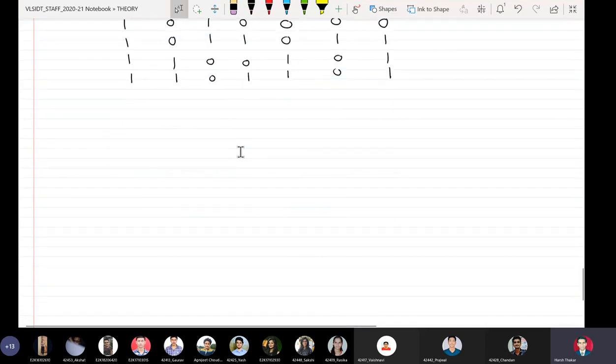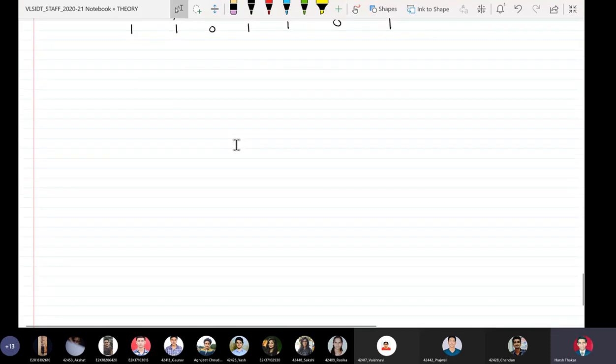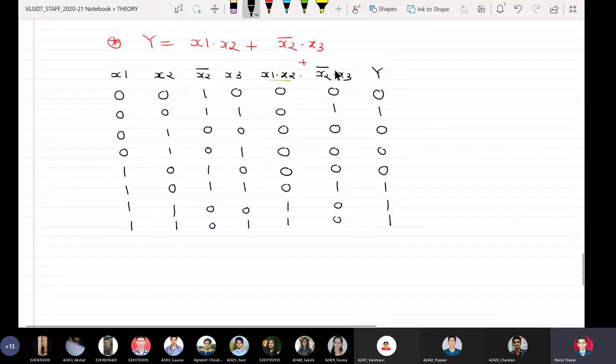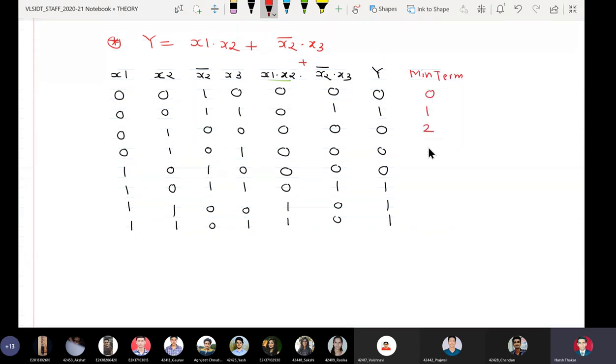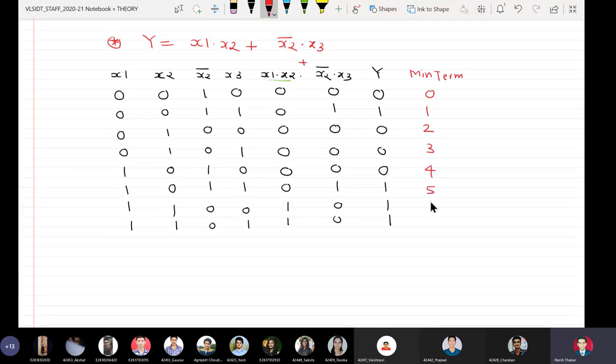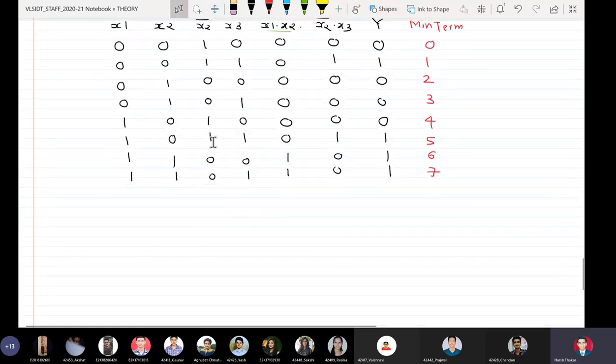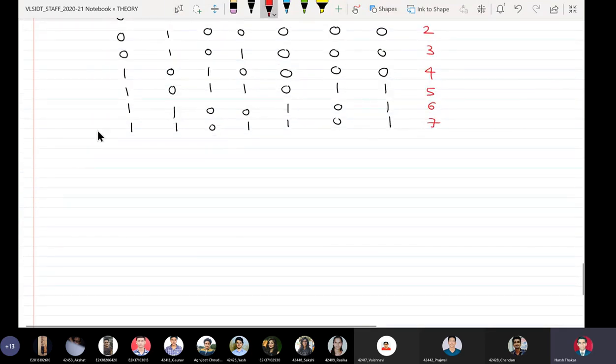So if we make the truth table here, sorry, K-map here, the minterms are like this: 0 1 2 3 4 5 6 and 7. So we can say that the function y is equal to the summation of minterms 1 5 6 and 7.